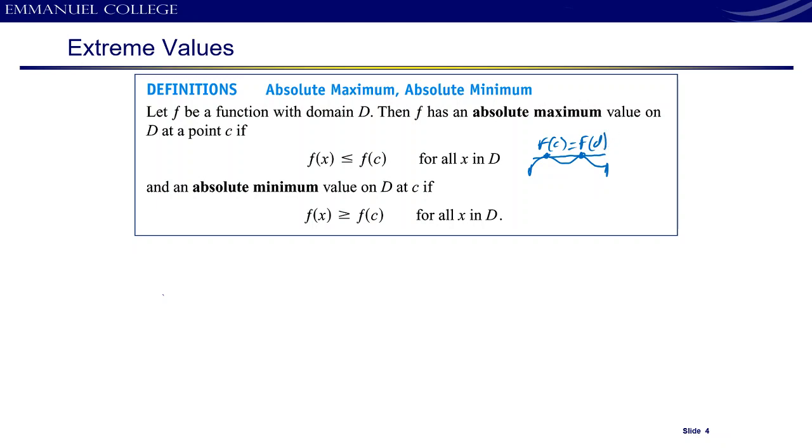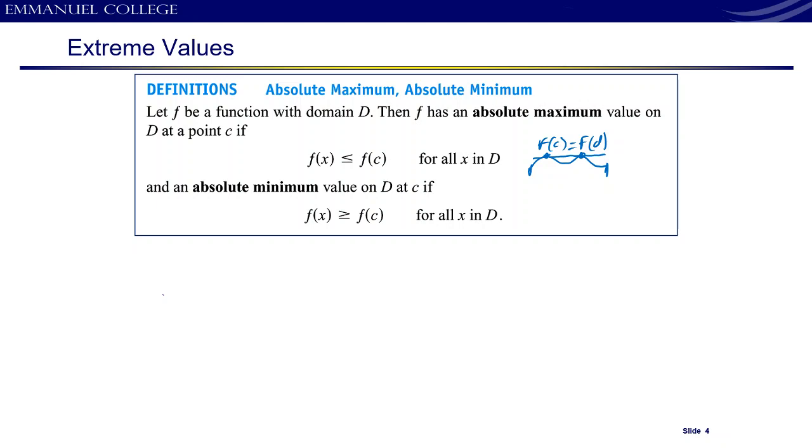Then that's okay. It's okay to have that value be the same. The key takeaway is that it is the largest value in the whole domain. It can occur multiple times, but there should be nothing that exceeds it.